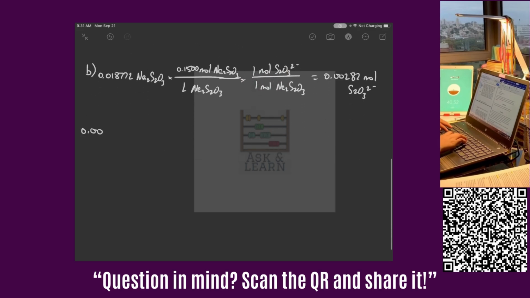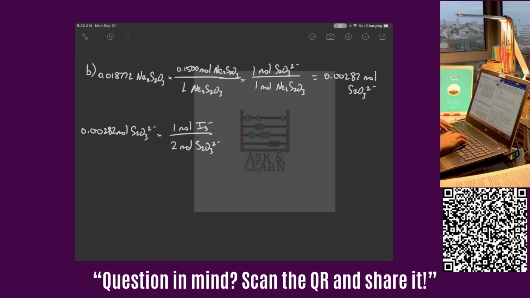So starting from 0.00282 moles of S2O3 2 minus, we have 2 moles of S2O3 2 minus to 1 mole of I3 minus. We get that from our balanced equation.